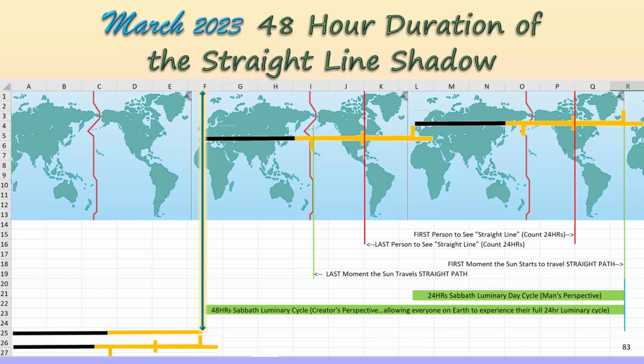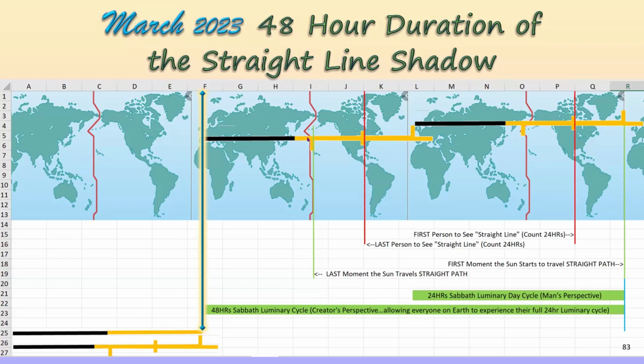We understand Sabbath to be 24 hours for each respective location. But every week He's there for the weekly Sabbath for everybody for actually a 48-hour period, so that everyone on Earth can experience the full luminary day cycle.